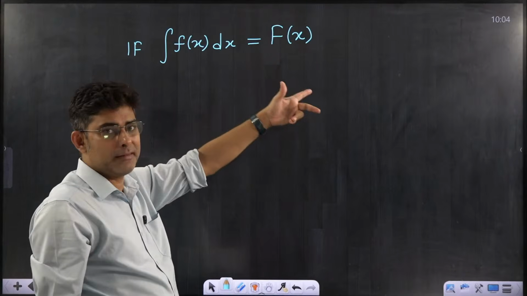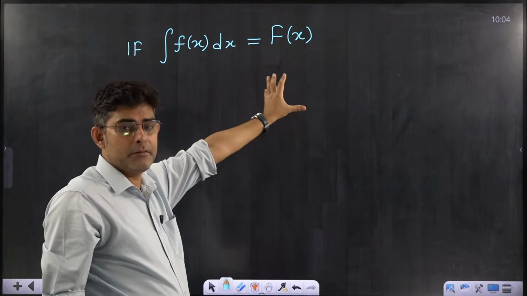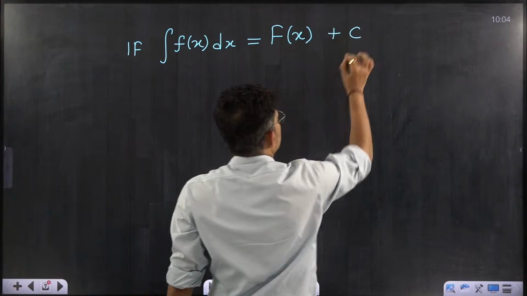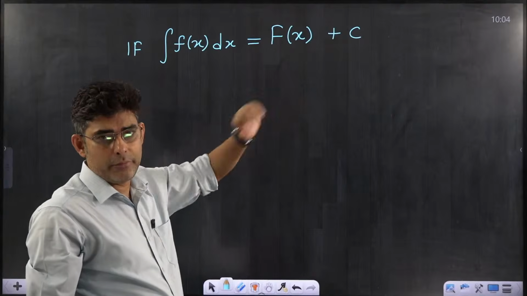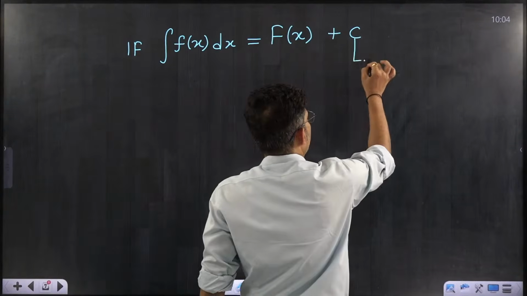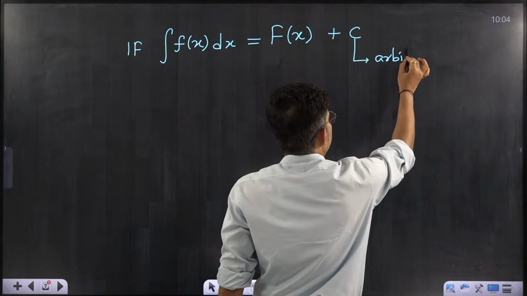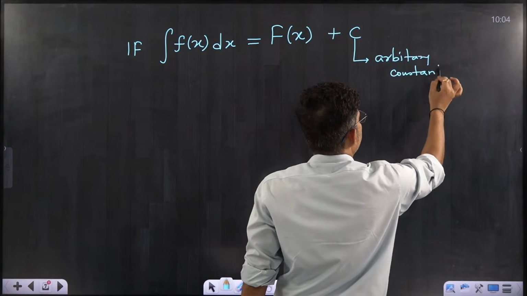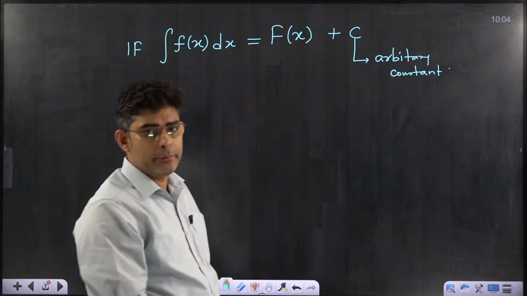If it is a function, then along with it we attach a constant on the right hand side of the equation. On the RHS, we are putting a constant. This constant is called an arbitrary constant, which can take different values according to different situations.